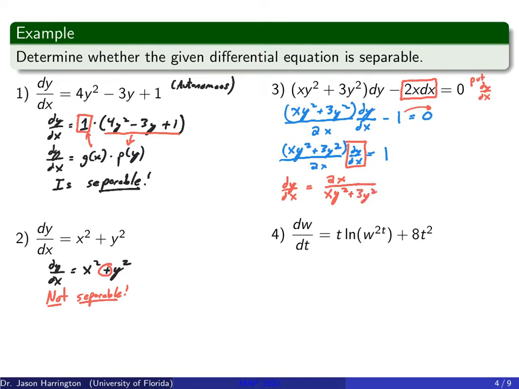Now we're almost done. What I can do now is factor out a y squared out of the denominator. So if I do that, I have 1 over y squared, and then I'm left with 2x divided by x plus 3. And so you see that this is going to be a function of just y by itself, and this is just a function of x by itself. So this is in fact separable.